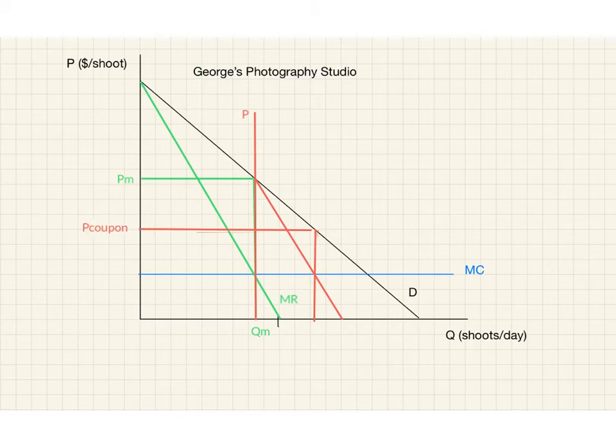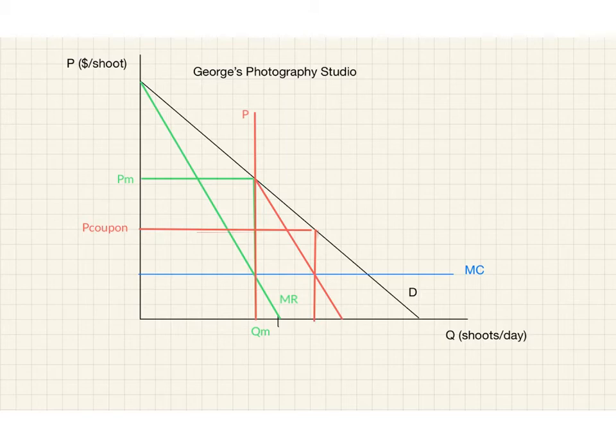And the quantity of coupon sold, notice that there's this higher quantity. Notice that just this horizontal distance gets us the number of coupon tickets. So the total shoots he does are the number that people pay the full price for, plus the number of coupon shoots.